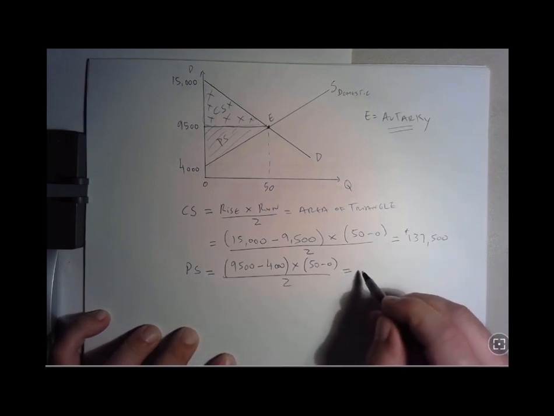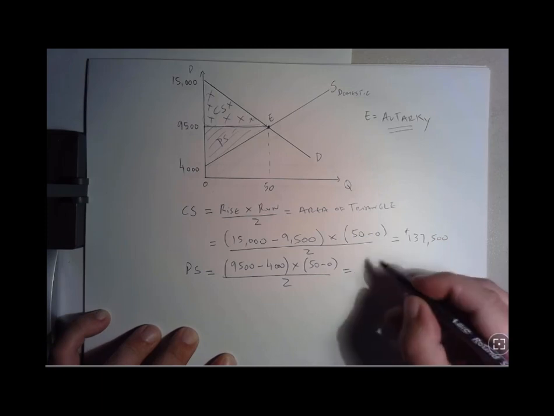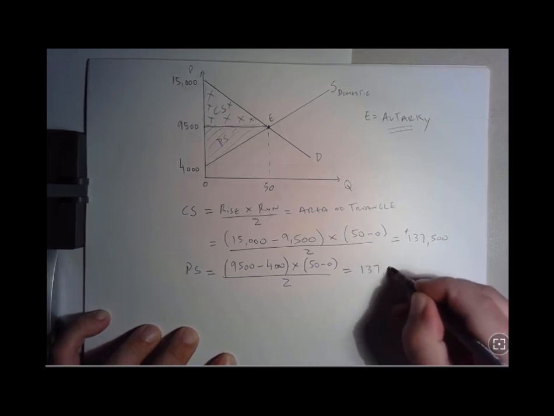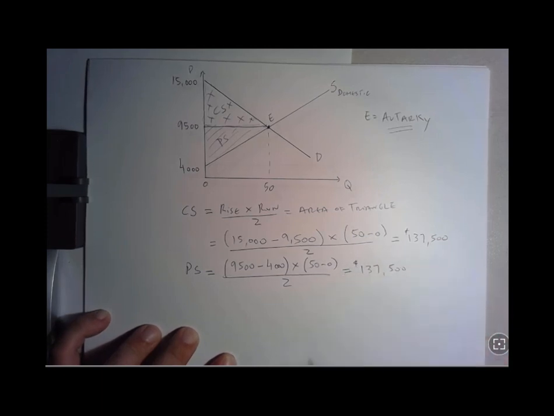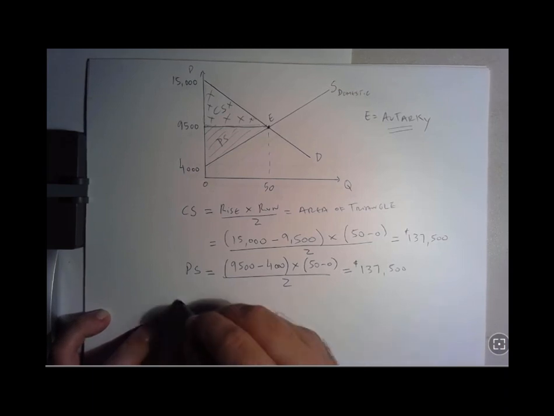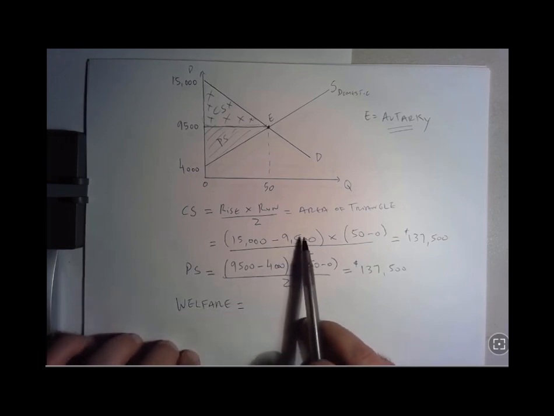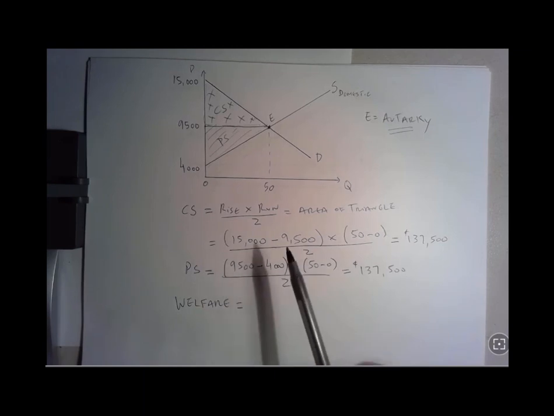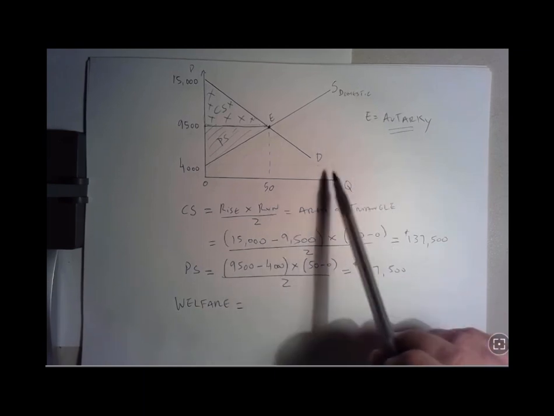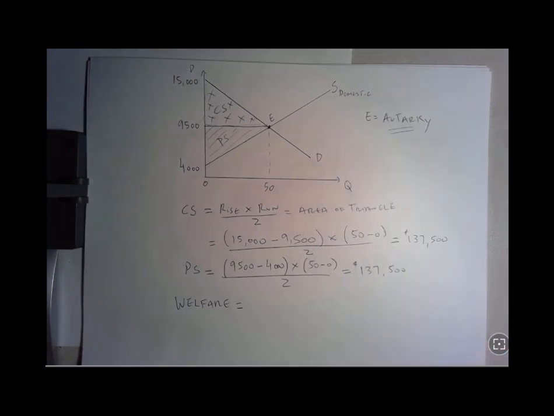These will account for also $137,500. So at the end, the welfare of this nation, we are ignoring all other actors, economic agents. We're assuming that there's just this market and there's just these suppliers and just these demanders.